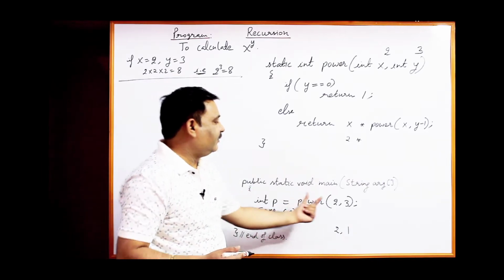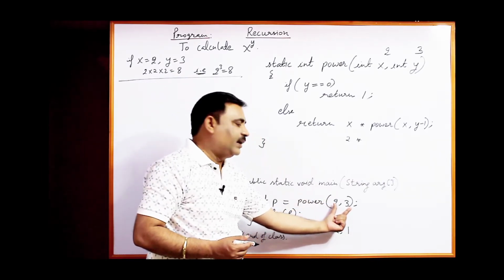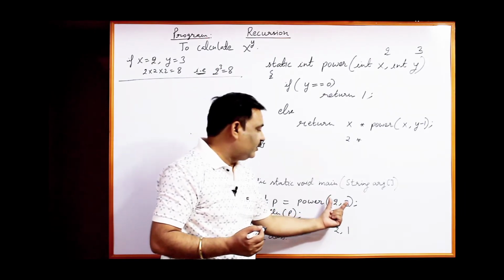Okay, now try to understand the working with these two values 2, 3. How will it work?